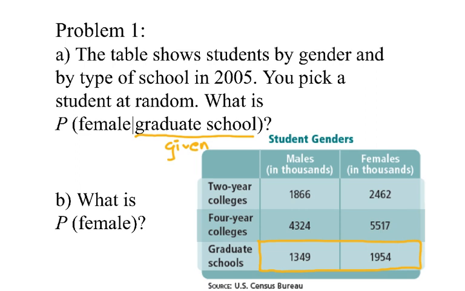Now, let's find the probability that they are female, given that they're in graduate school. Well, your probability that they're female, there's 1,954 over our total graduate school. So this would be the sum of 1,349 plus 1,954.